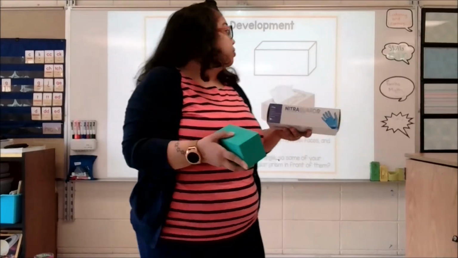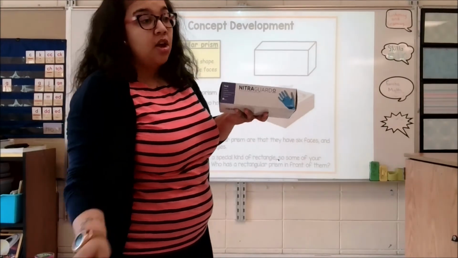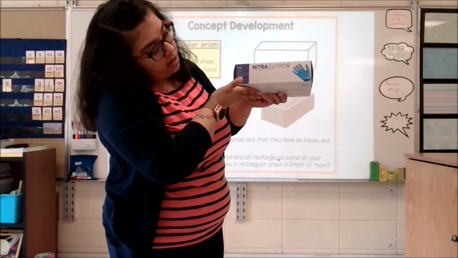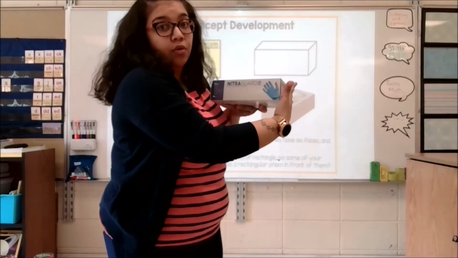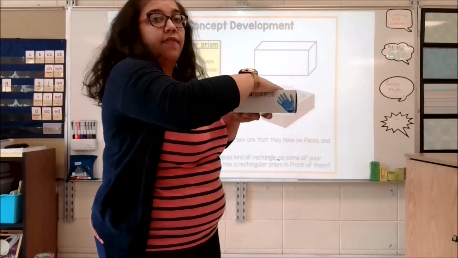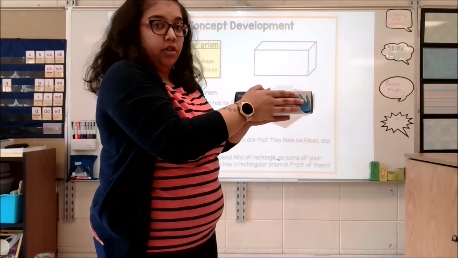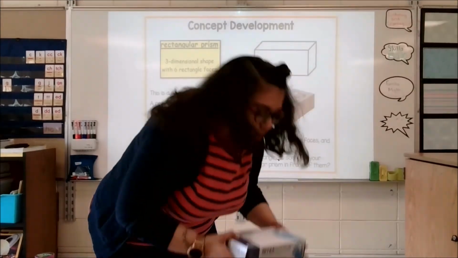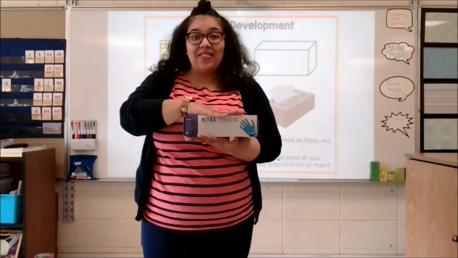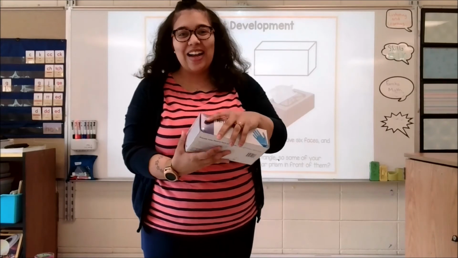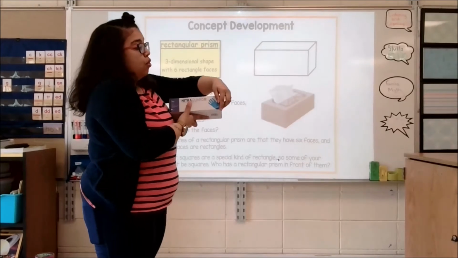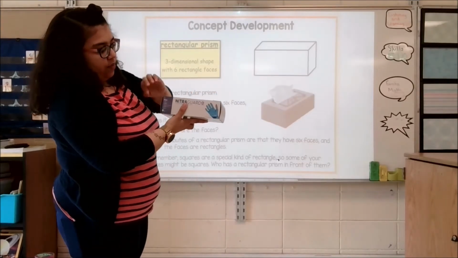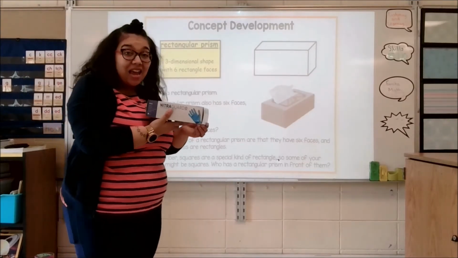Notice it has what's called 6 faces, which are the sides. 1, 2, 3, 4, 5, 6. There are also corners. 1, 2, 3, 4, 5, 6, 7, 8 corners.